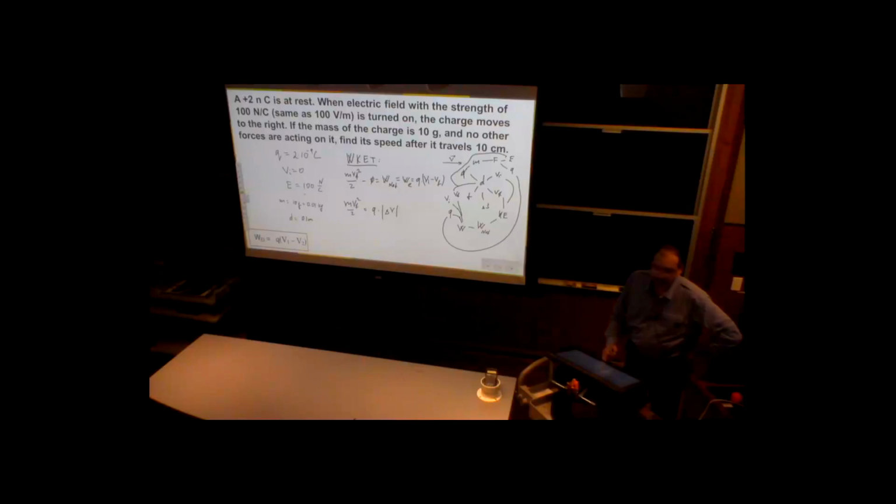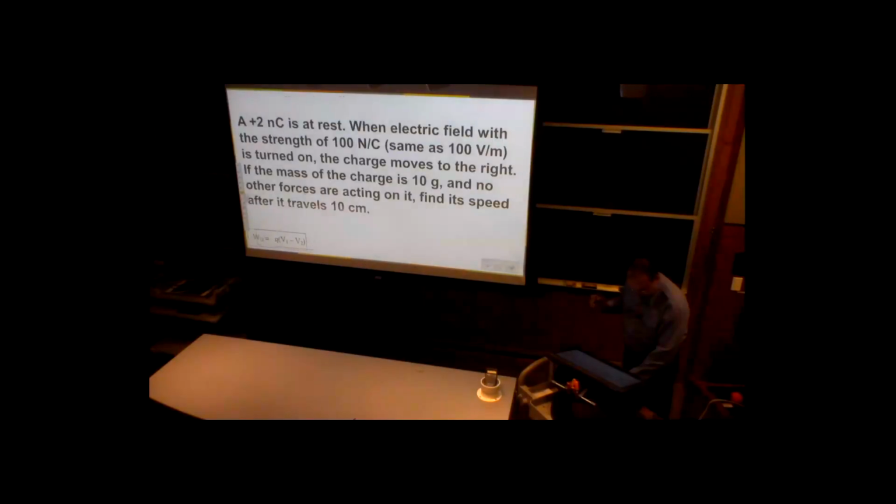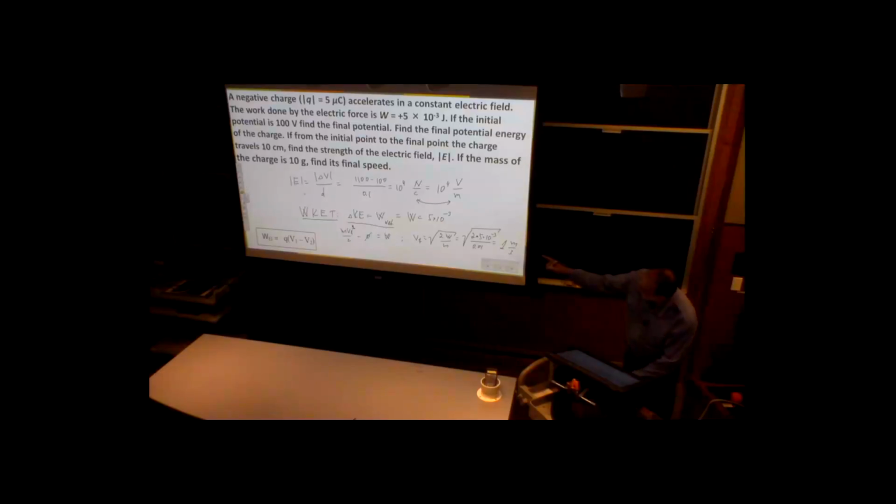So I don't want to write final minus initial because that would be negative here. And as we know from the past, the potential difference, distance between 2 points, and electric field strength are related.